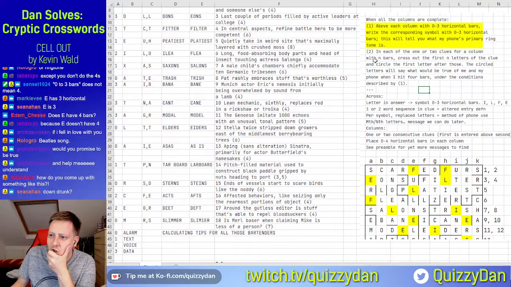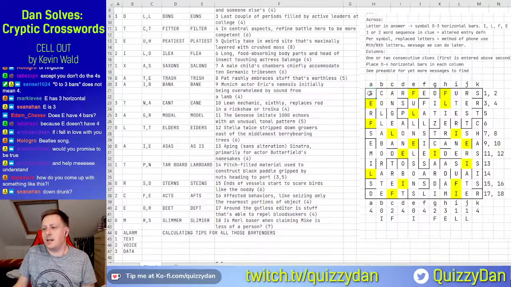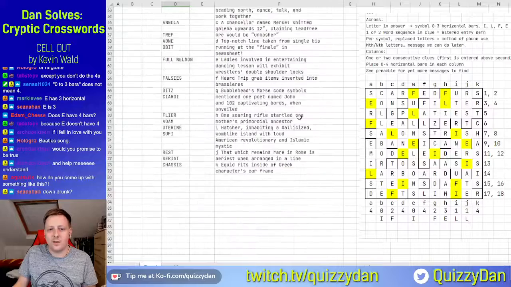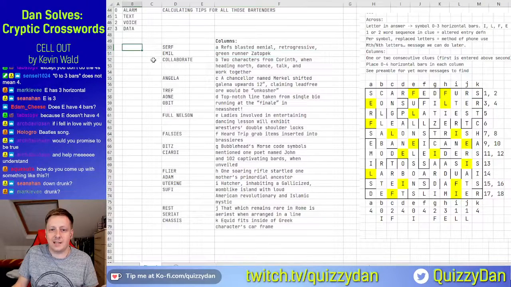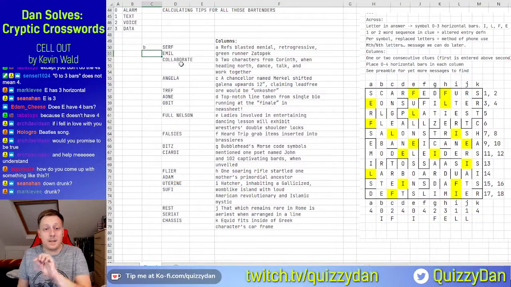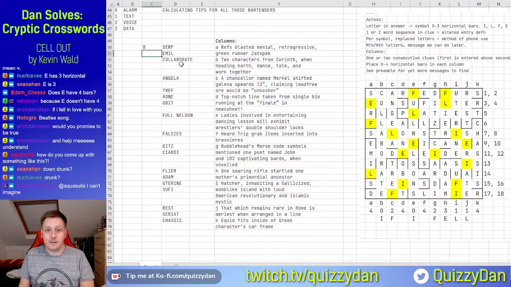In each of the 1 or 2 clues for a column with n bars, okay, so this column here has 4 bars. So we get rid of the first 4 letters and we circle the letter afterwards. So that is B.